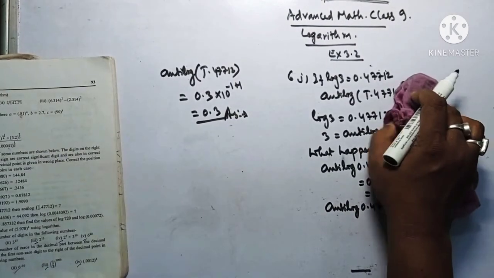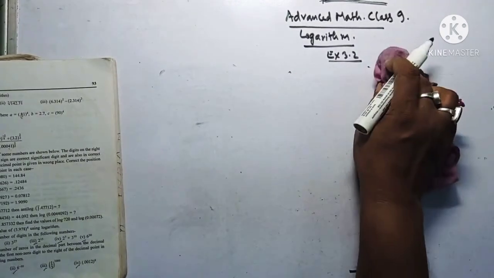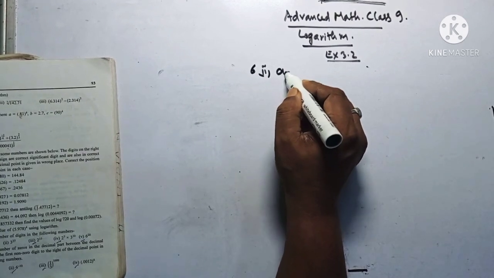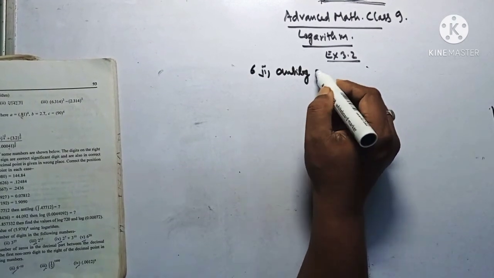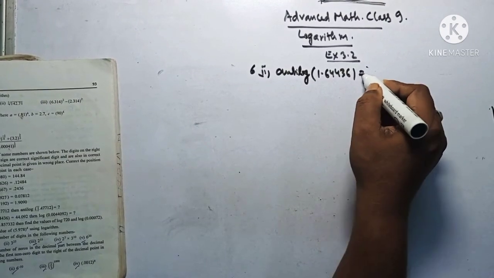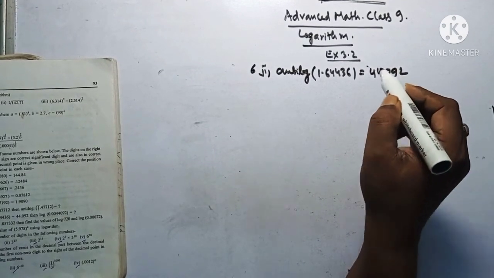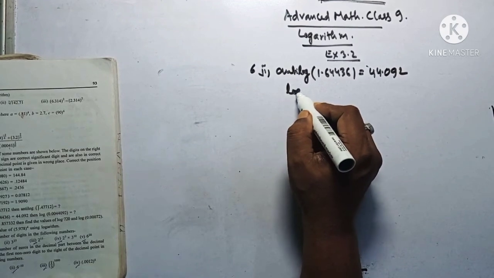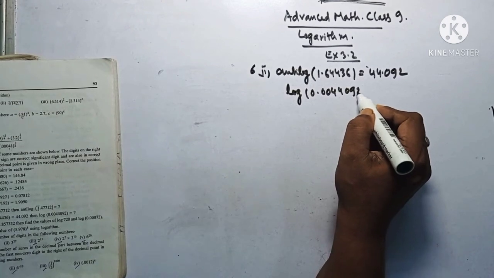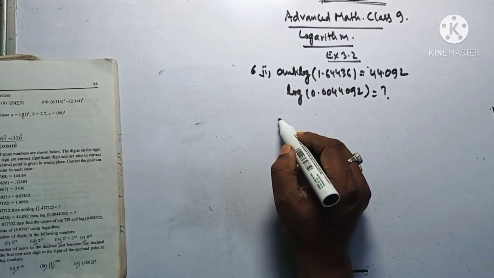Now I am going to question number 6 second. Here antilog 1.64436 is equal to 44.092. It is given to you. You have to find log 0.0044092. So what happened?